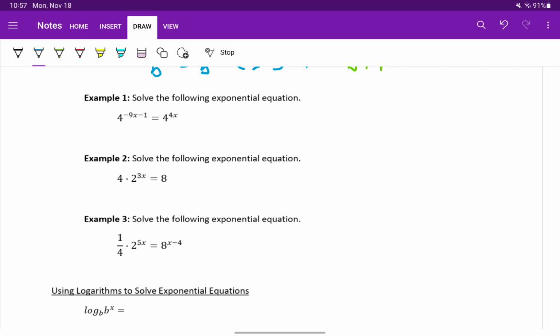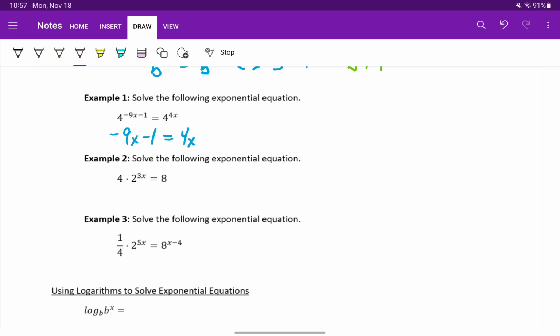For instance, in example 1, both exponential expressions are base 4. So since those bases are the same, in order for these two expressions to be equal, we must have the exponents equal to each other. So that's going to be true only if negative 9x minus 1 is equal to 4x.